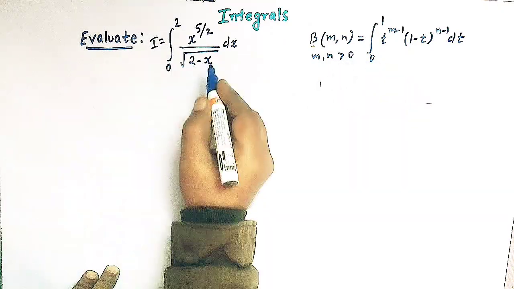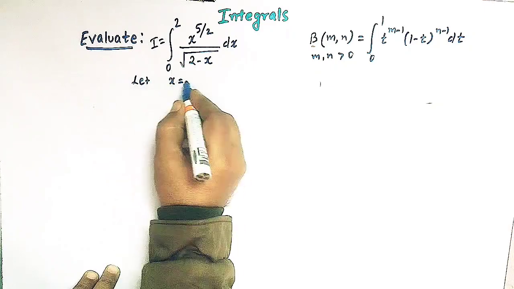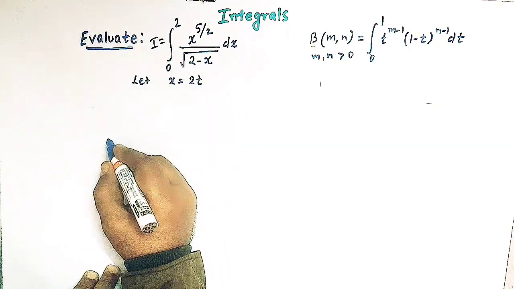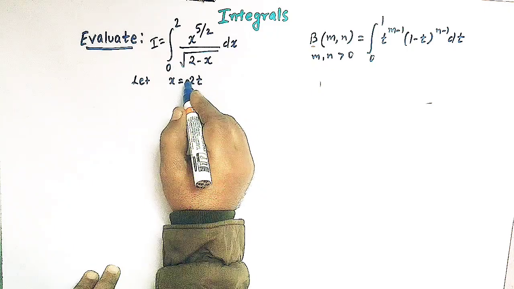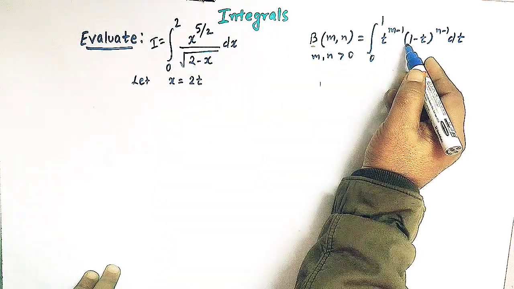So here we will substitute x is equal to 2 times t, and using this substitution we will convert this integral into this form.